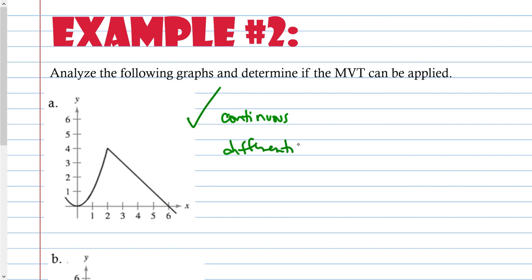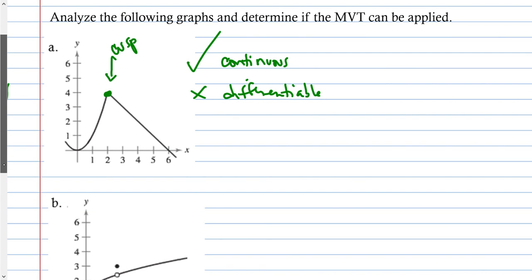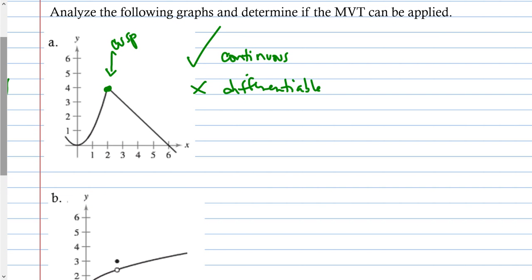If you look closely, this right here is called a cusp. No good. It's not differentiable there. Okay, can't have a derivative at a cusp. Alright, so I don't even have to go any further. MVT cannot be applied. No.